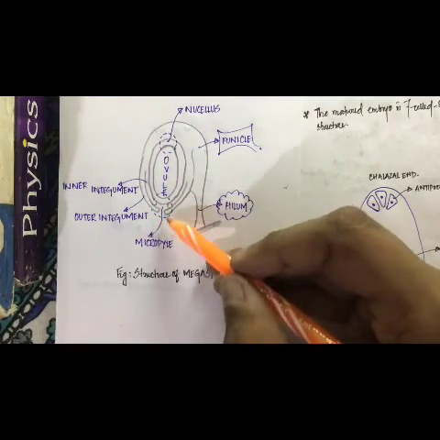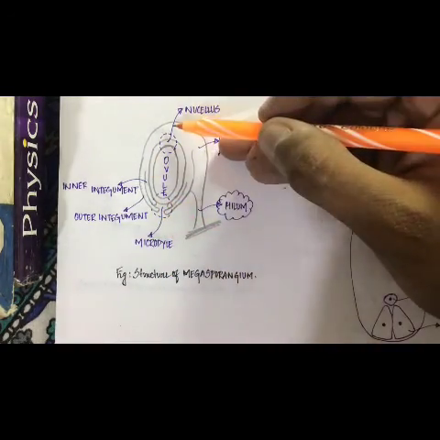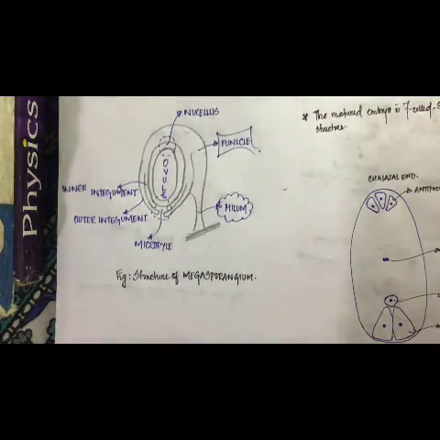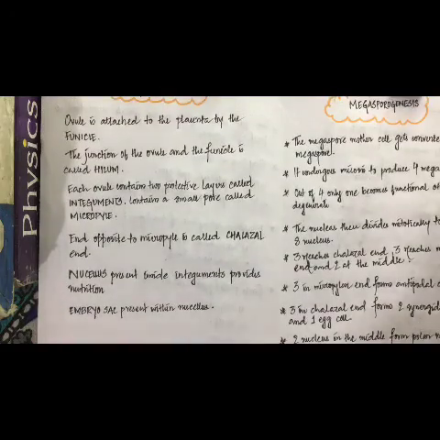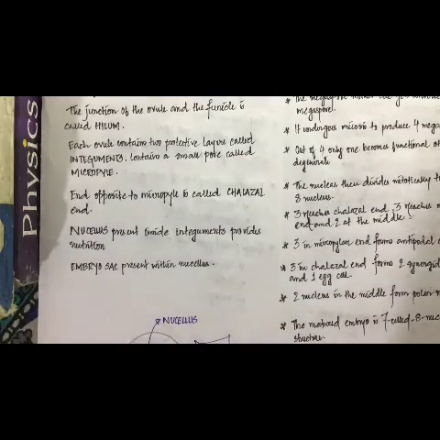They have a small opening called micropyle, and this end is called micropylar end. The end opposite to it is called chalazal end. Clear? So this is what is written out here: hilum, funicle, outer integument, inner integument, micropyle, chalazal end, nucellus, and embryo sac. This is the total structure of the megasporangium.